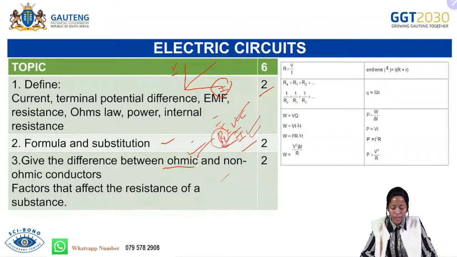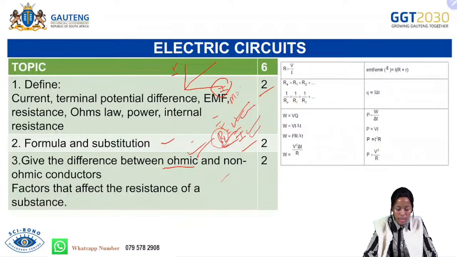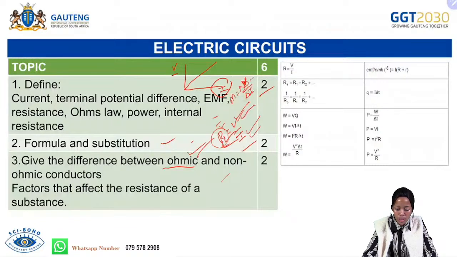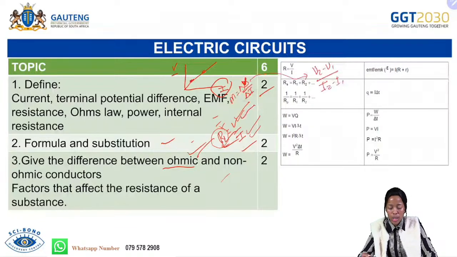The gradient, which is M, will be given by change in V divided by change in I. To calculate the gradient, it will be V2 minus V1, and then I2 minus I1. So you go to the graph, choose 2 points, and calculate the gradient, which gives you the resistance. Just make sure that you are able to use the graph to calculate the gradient, and with the gradient, you will then get the resistance, okay?